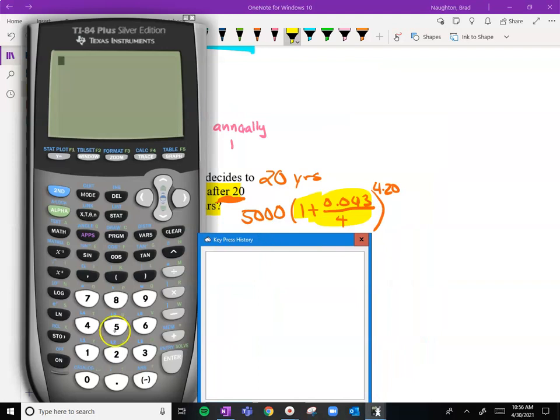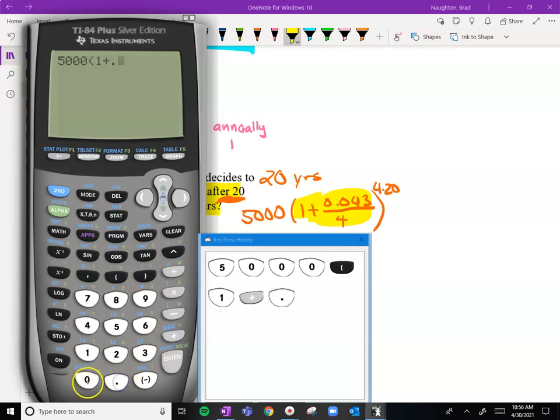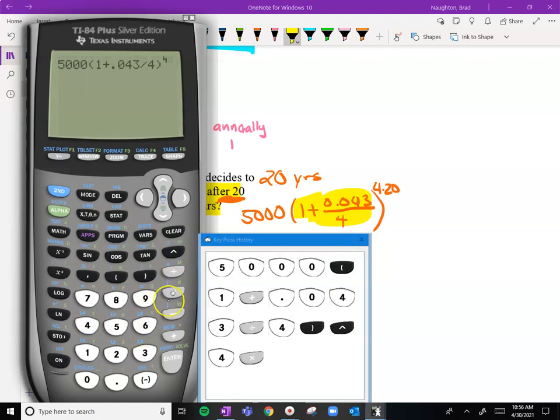And so we're going to go ahead and do 5,000 parentheses 1 plus 0.043 divided by 4. Close my parentheses and then do the exponent. 4 times 20.